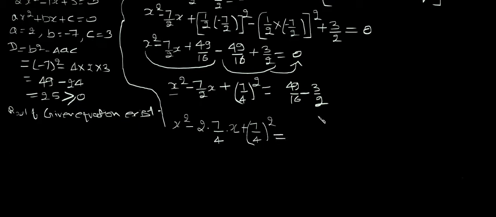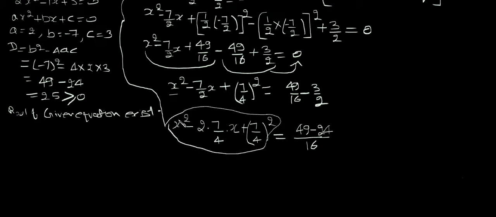This is equal to, I will simplify this. If I take 16 common, it will be 49 minus 24, correct?